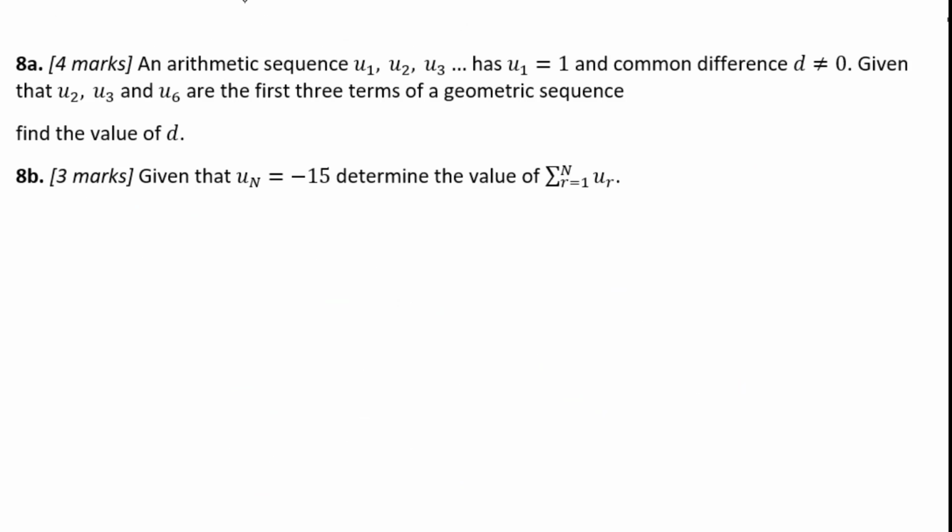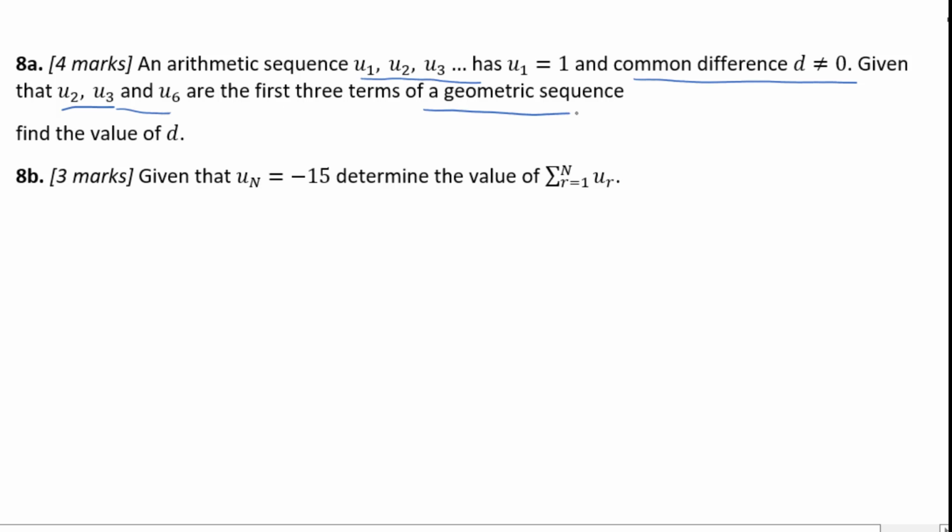Let's go to 8a. An arithmetic sequence u sub 1, u sub 2, u sub 3 has u sub 1 equal to 1 and a common difference d not equal to 0. Given that u sub 2, u sub 3, and u sub 6 are the first 3 terms of a geometric sequence, find the value of d.